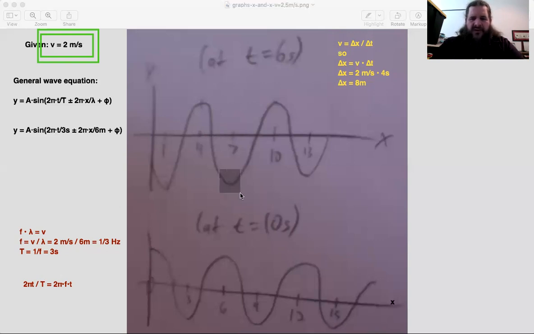Let's say, for instance, here's a trough that's near the center. Here. That trough at 7, during those 4 seconds, that trough could move 8 meters to the right or 8 meters to the left. 8 meters to the right would put it at what location?